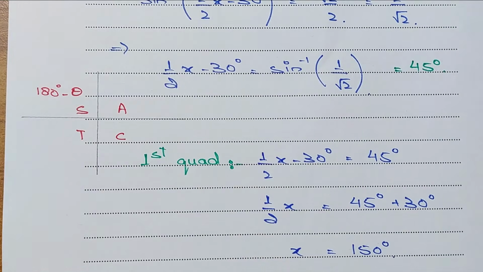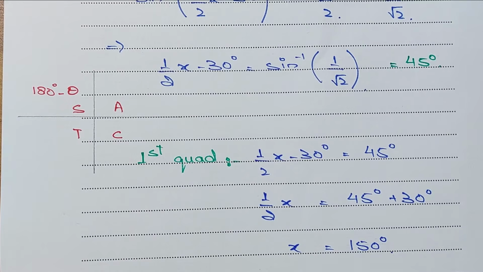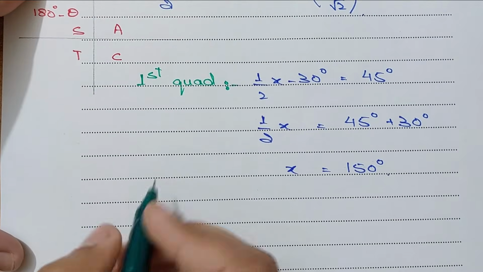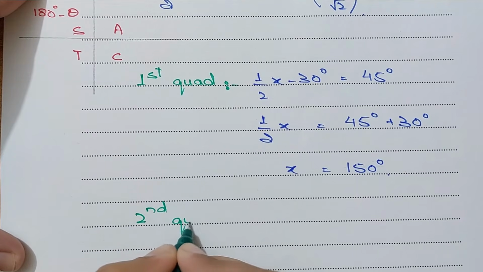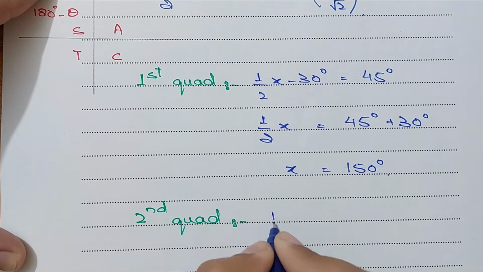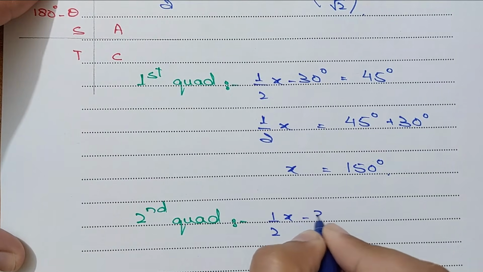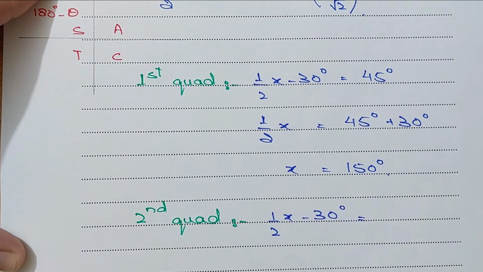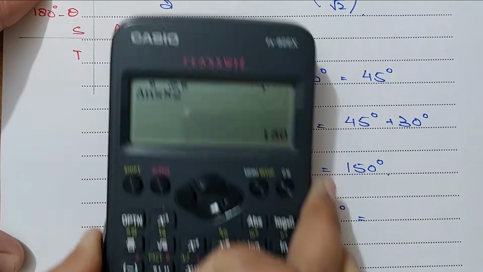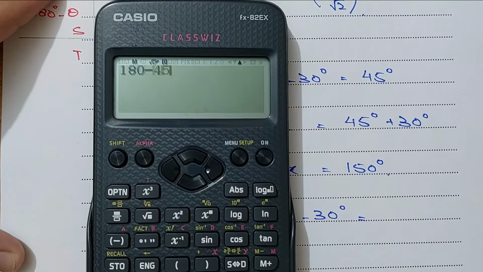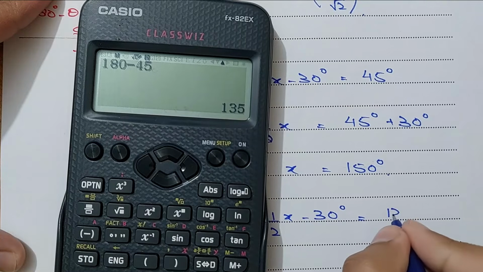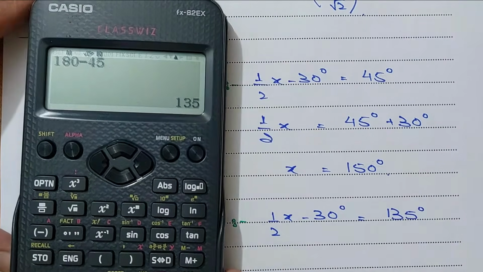Now for the second quadrant, where sine is positive, we do 180 minus theta. So half x minus 30 degrees equals 180 minus 45, which is 135, right?